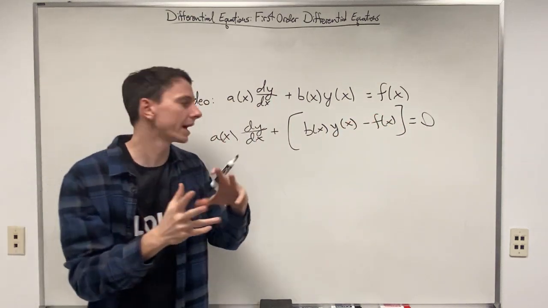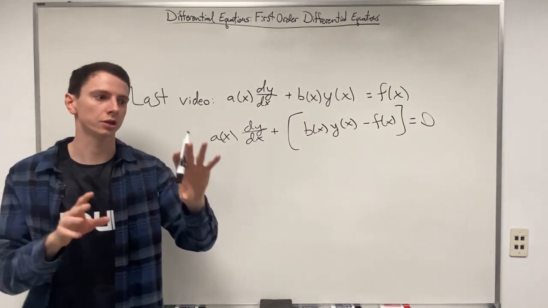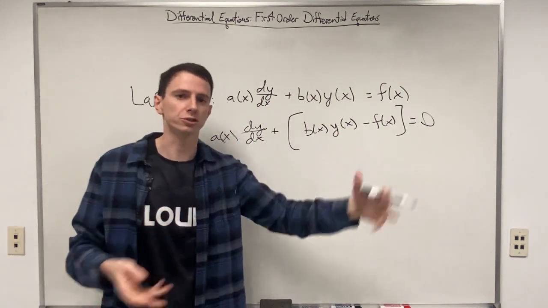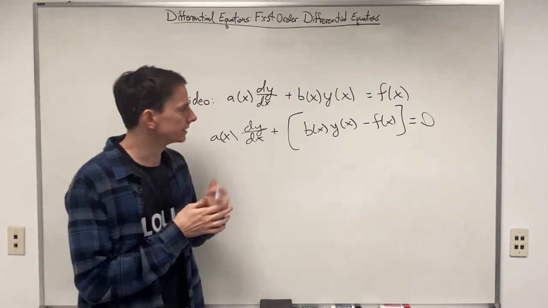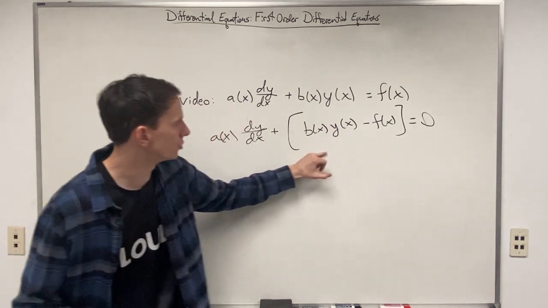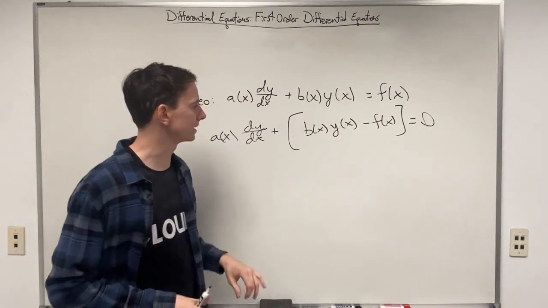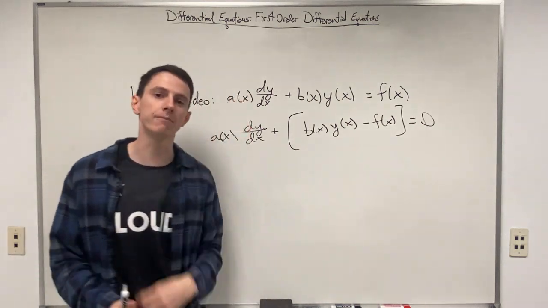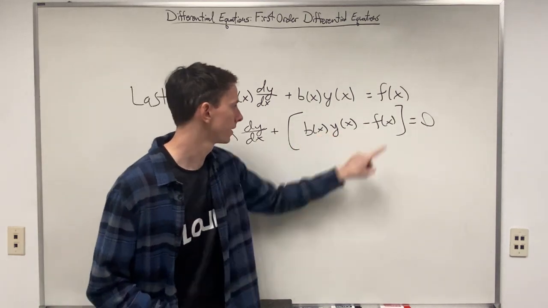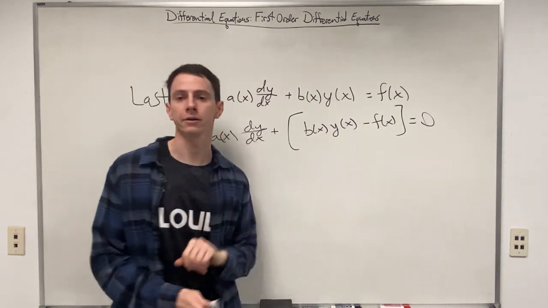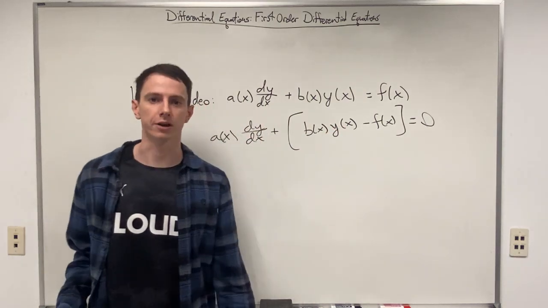But if we're allowing ourselves to have either higher powers of y or sine of y, cosine of y, e to the y, or anything along those lines, the idea is that this term in brackets no longer needs to have this structure. We can say in the general case that this term in brackets is some function that depends both on x and on y, where the function does not need to just have y to the first power right here.